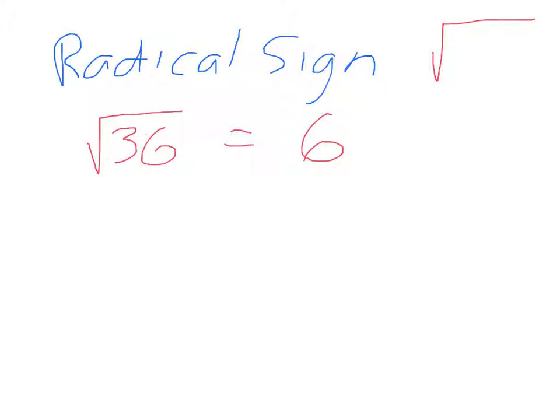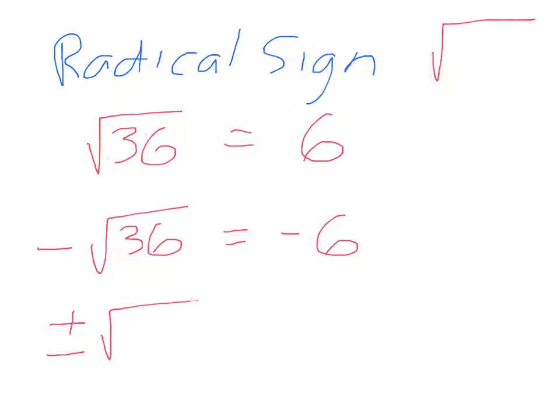If I said to you, what is the negative square root of 36? Well, here we look at the square root of 36, which is 6, and then we add a negative sign onto it. Sometimes I might do this, plus or minus root 36. In this case, that means it's plus or minus 6.